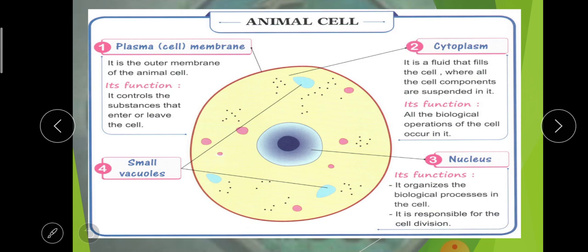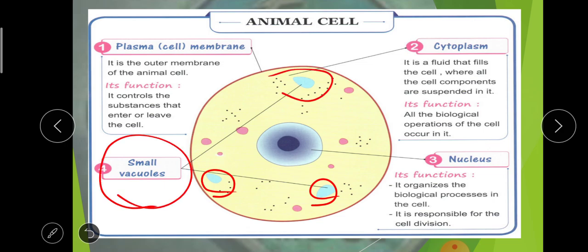It has small and many vacuoles. Also the animal cell doesn't have chloroplast, or green plastids, because the animal cell cannot make its own food as plants do.